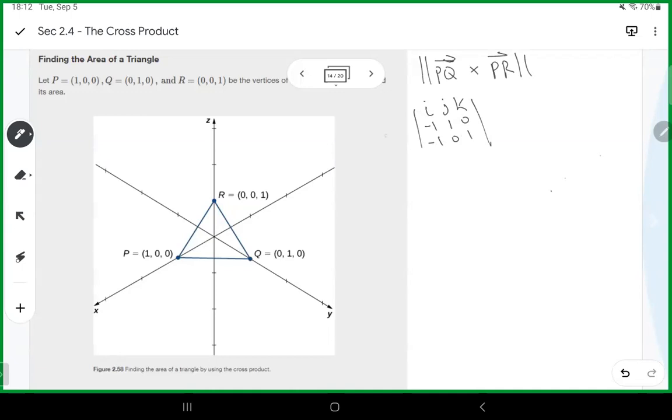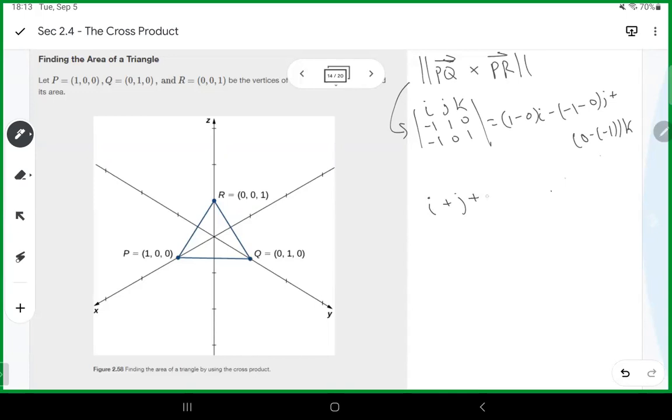Okay. And then we can start to pull stuff out. So that works out to be 1 minus 0, i, minus 1 minus 0, j, plus, I'll write it down below, 0 minus 1, k, which will give us i plus j plus k.